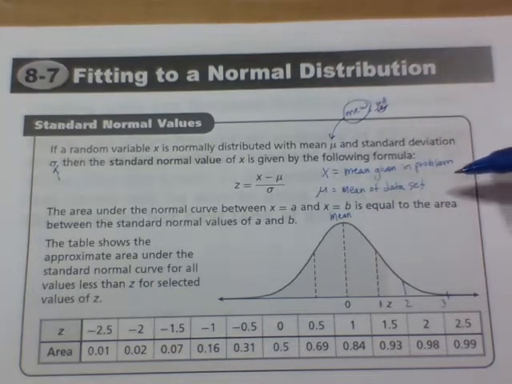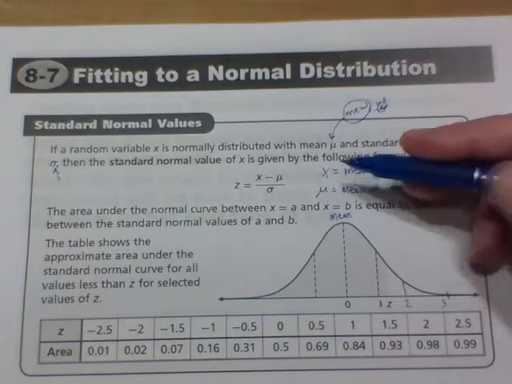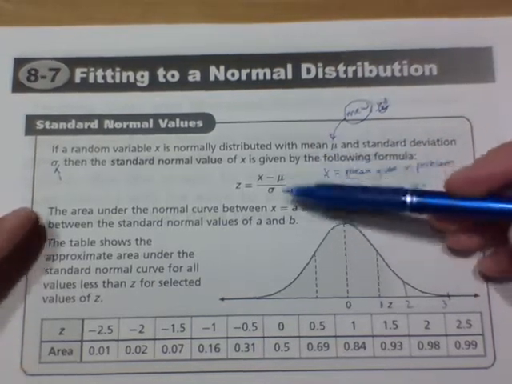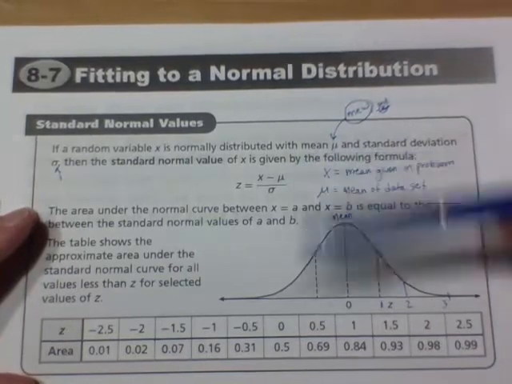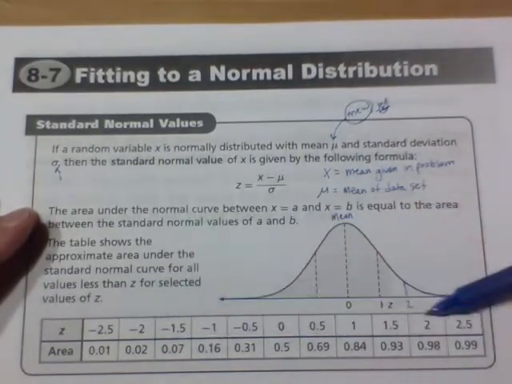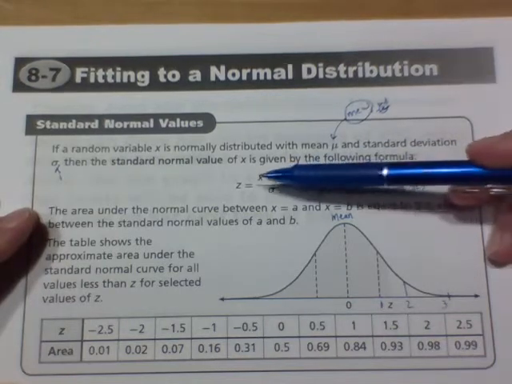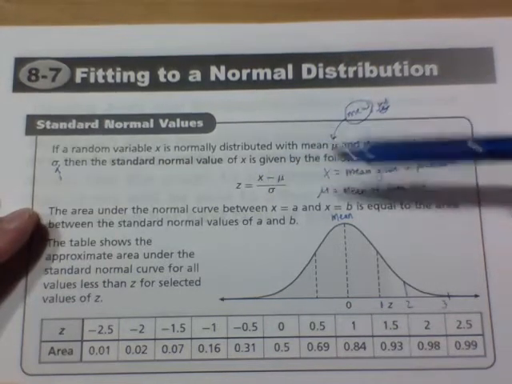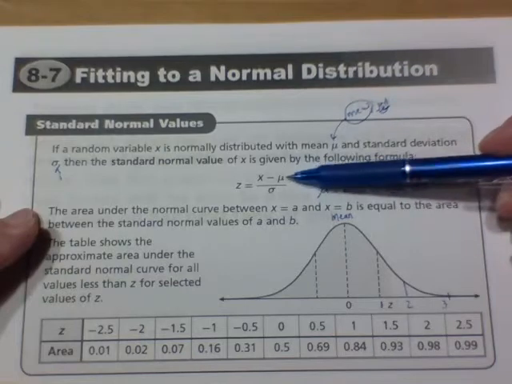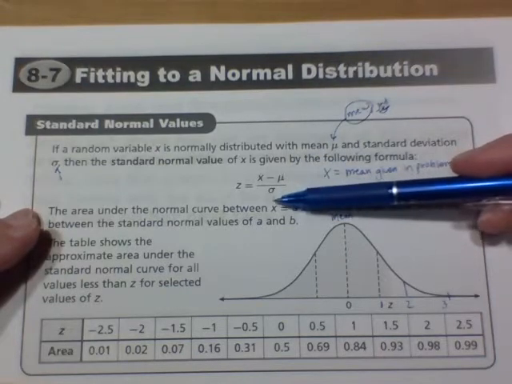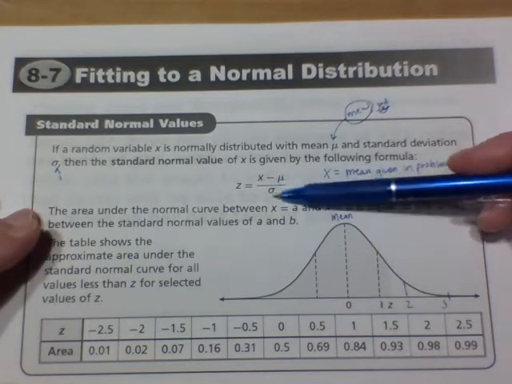This is different than the previous z score, because this one matters if you're negative or positive. So make sure you use the mean given in the problem, the one they're trying to reach, and then the mean of the actual data set is right here, and down here is our standard deviation.